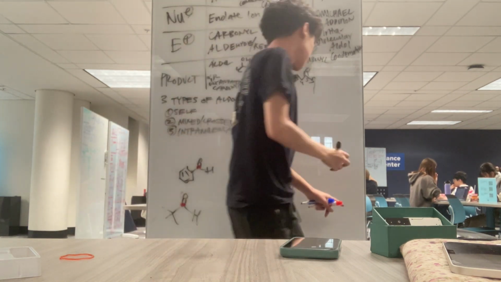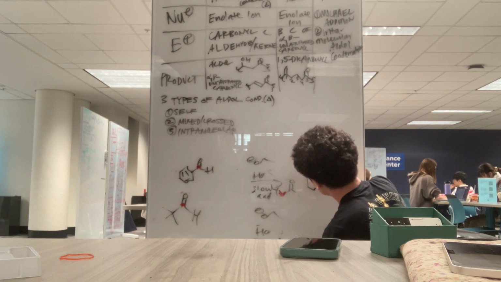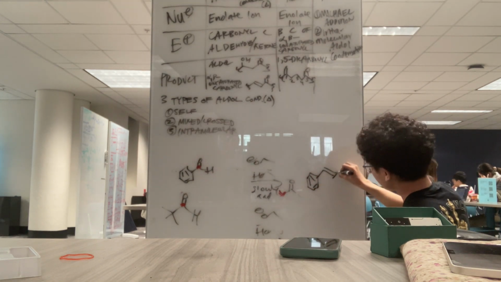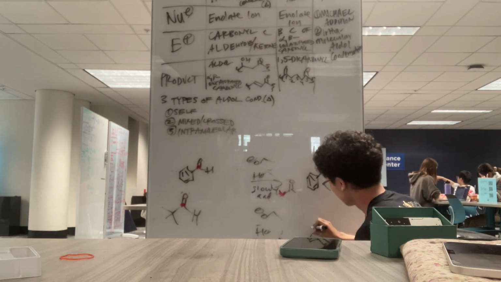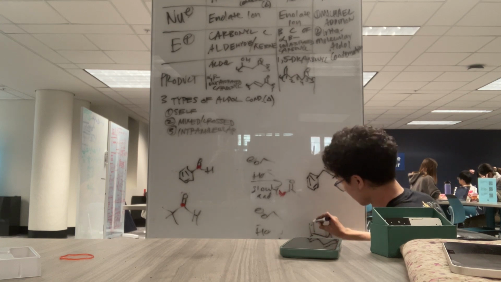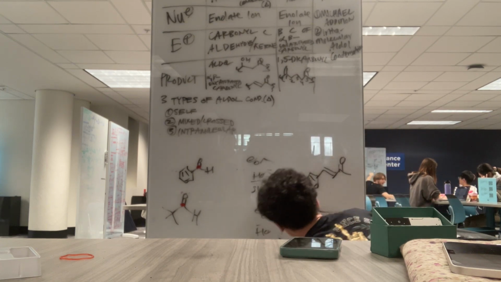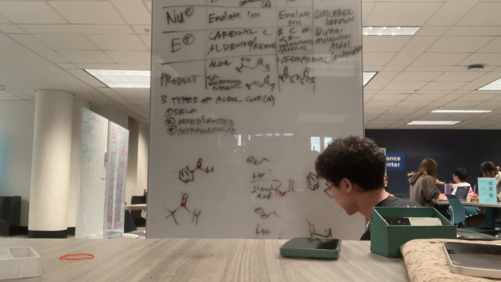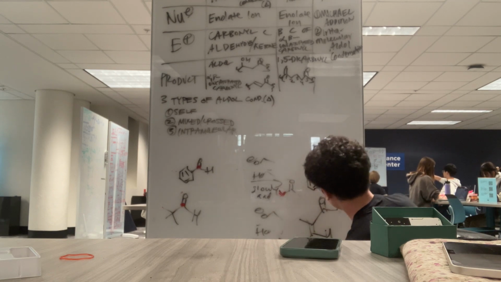If I go over here to predict the product quickly, the products are going to be like this if you do the shortcut. Oh wait, no. This is the dot, that was the star, and the star is attached to that, and that.